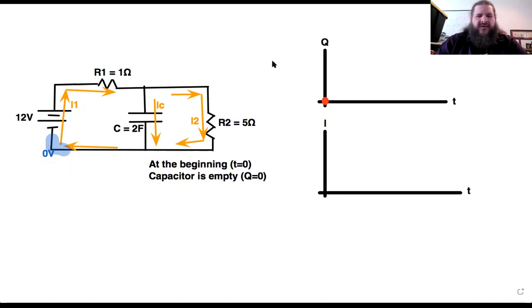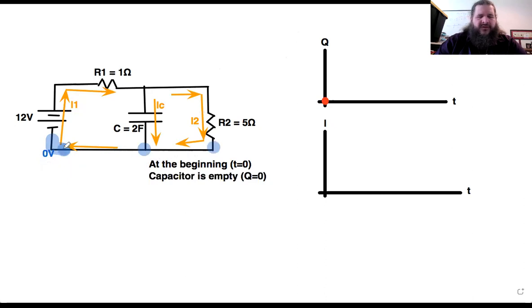Then what else has to be 0 volts? Where else can we label 0 volts? After the capacitor and then after R2. Yeah, here and here. Those are all 0 volts.